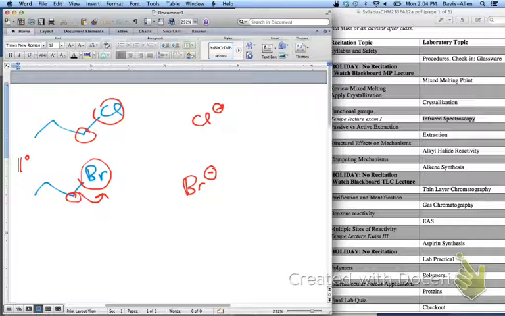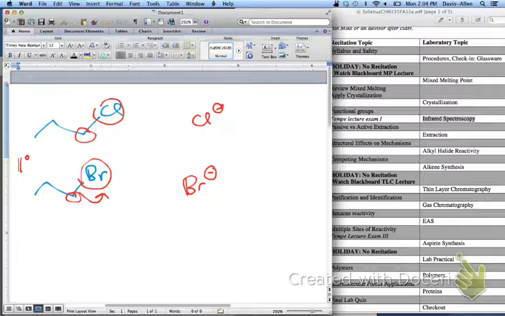So bromide is a better leaving group in this case. When size is important, it's always down a column. Size almost always trumps electronegativity. In fact, I don't think I can come up with an example where that's not the case.